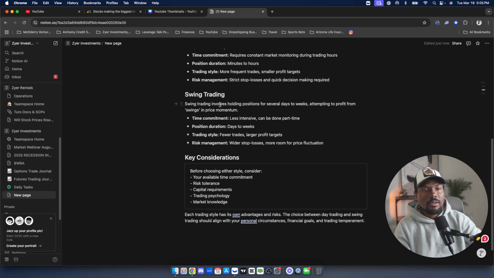Swing trading. Swing trading involves holding positions for several days to weeks, attempting to profit from swings in price momentum. Okay. So I want you to pay close attention to this period right here, which is holding positions for several days to several weeks to potentially several months. You're carrying over each day, each day, each day.